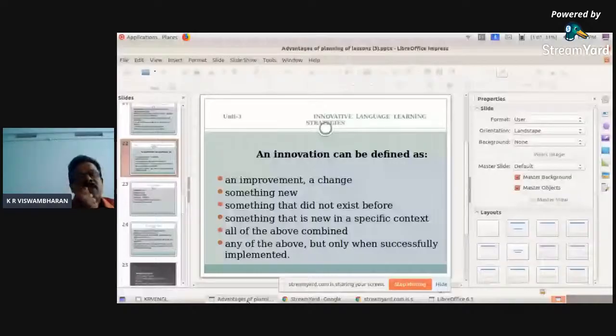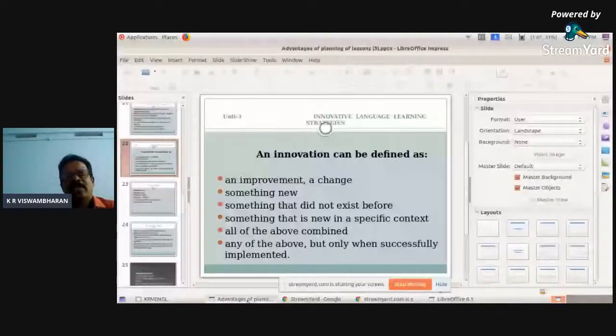And in language learning, innovative initiatives are essential for making language learning a pleasurable one, an interesting one, and a successful one. So, an innovation is a novel one which did not exist before.